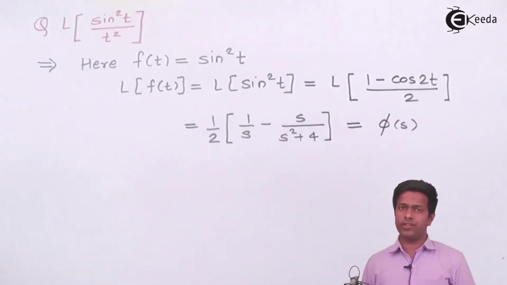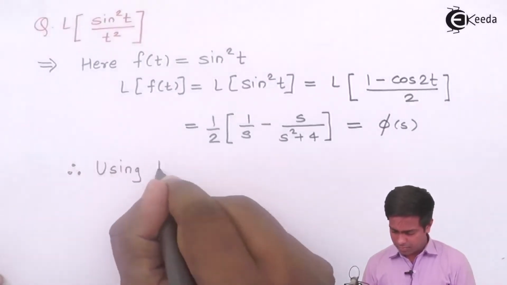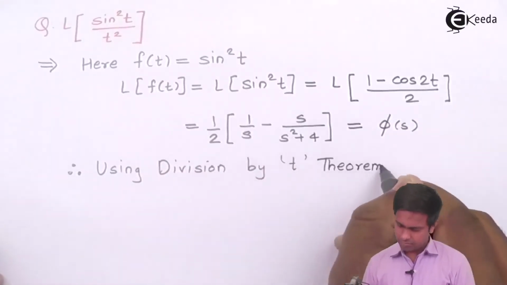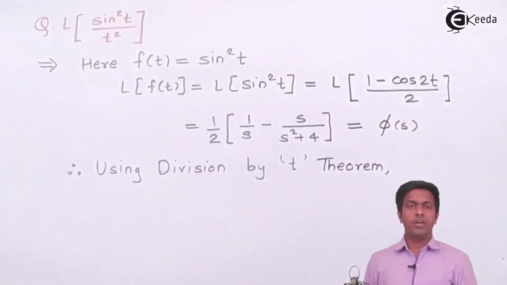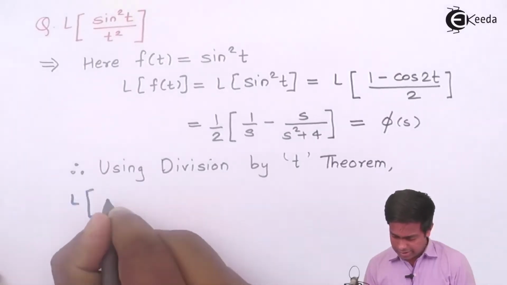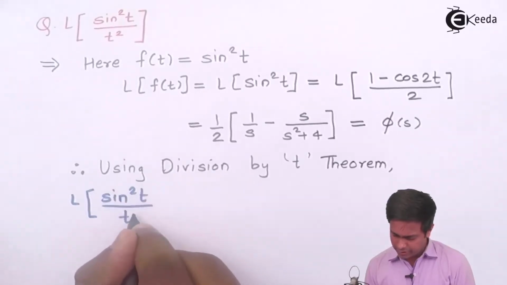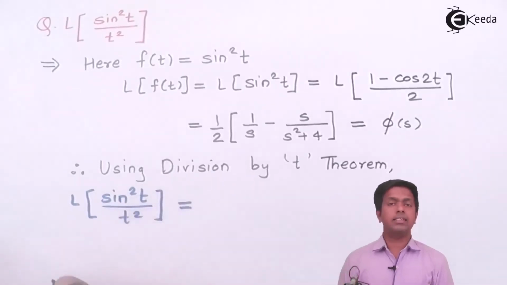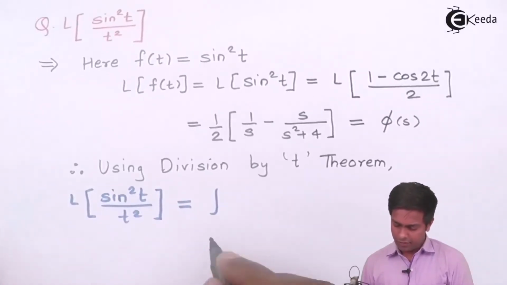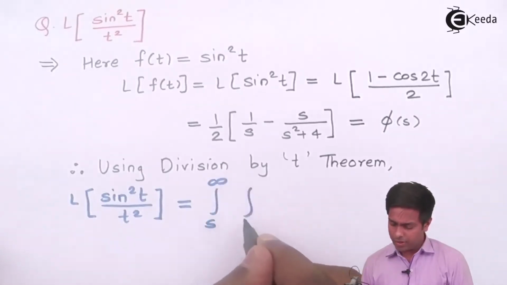So here I'll say using division by t property, we'll get Laplace of sine square t upon t square as integration from s to infinity, again integration from s to infinity.